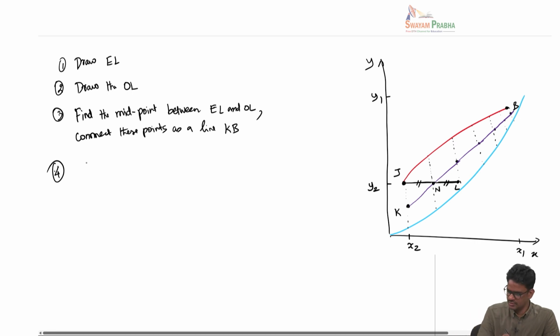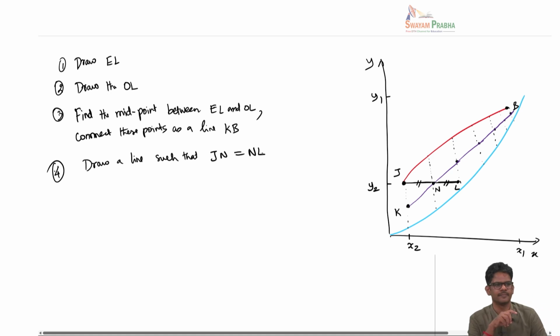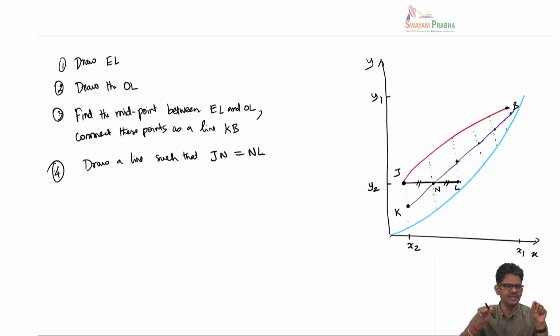So draw a line such that Jn is equal to NL. J is the point corresponding to x2, y2. You go horizontally and meet the midpoint line KB, measure the distance Jn, and continue the line to reach point L such that Jn and NL are the same.